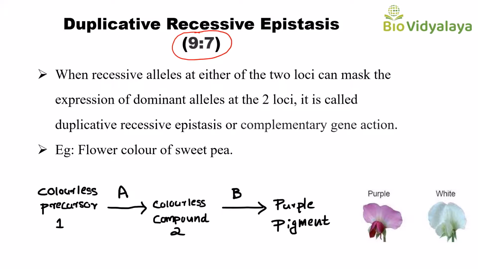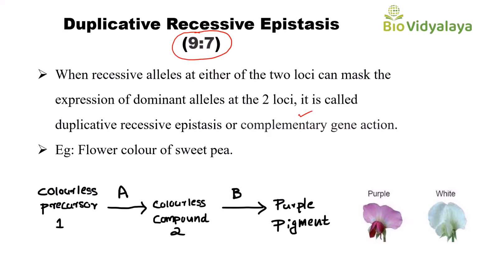So, the duplicate recessive epistasis is also known as complementary gene action. Here, a recessive allele at any of the two loci can mask the expression of dominant allele at either of the two loci. Then it is called duplicate recessive epistasis.